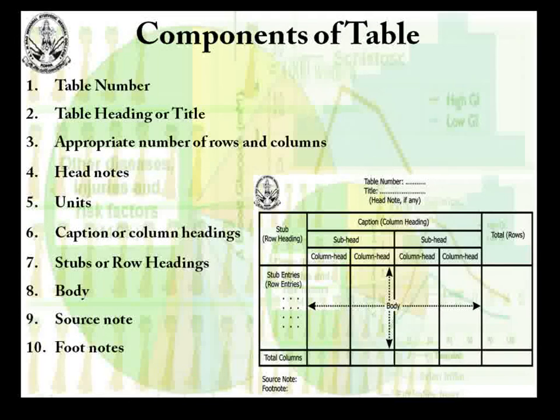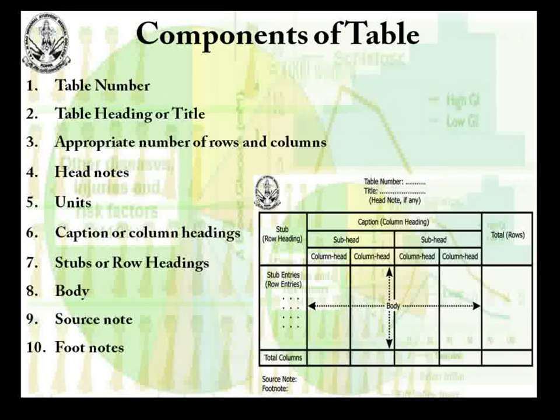Then come stubs or row headings. They must describe and define characteristics. Then the body. It contains the information and details of investigated facts. Columns are read vertically from top to bottom and rows are read horizontally from left to right. Then comes the source note.